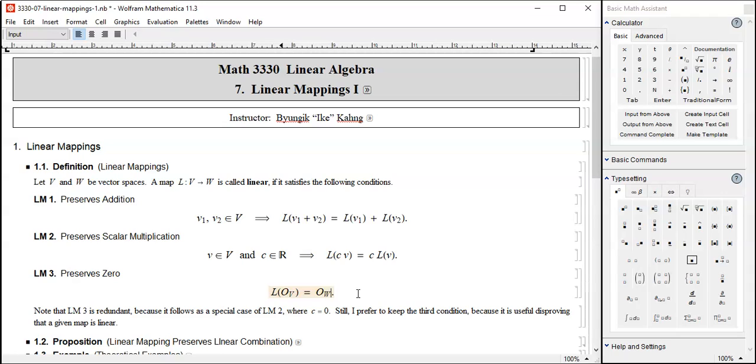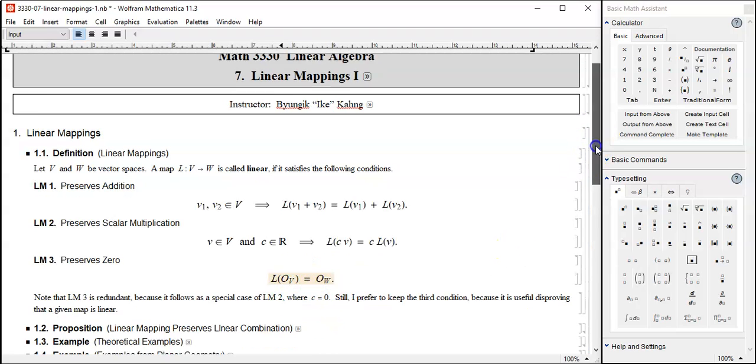Kind of like subspace. If you have to disprove something, some candidate of a subspace is actually subspace, or prove that it is not a subspace, in that case, this one was really useful. The corresponding property for subspace was really useful. Likewise, if you have to prove some function is linear or not, looking at this is going to be quite useful.